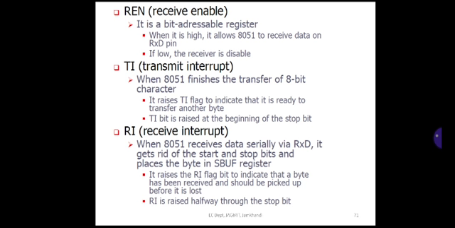As a result, for the 8051 to both transfer and receive data, REN must be set equal to 1. If you make REN equal to 0, the receive is disabled. Making REN equal to 1 or 0 can be done with the help of software.